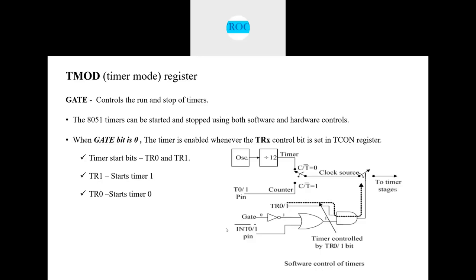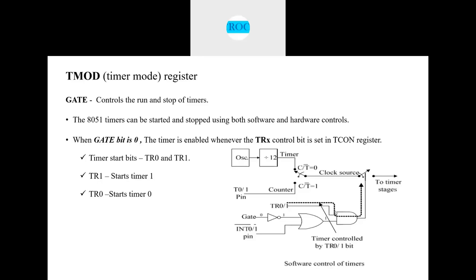So irrespective of this pin, which is the external interrupt 0 or external interrupt 1 pin, the output of this OR gate will be 1. When the gate signal is 0, the timer is enabled whenever the TRX control bit in the TCON register is set to 1.